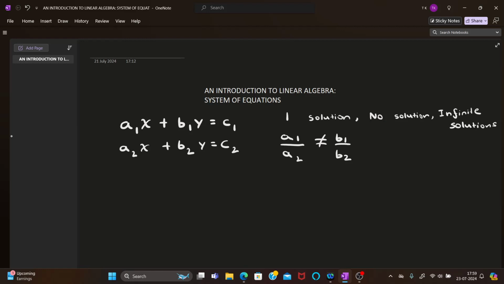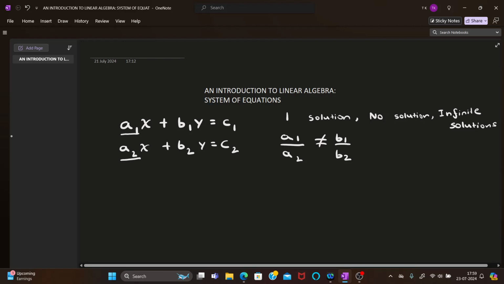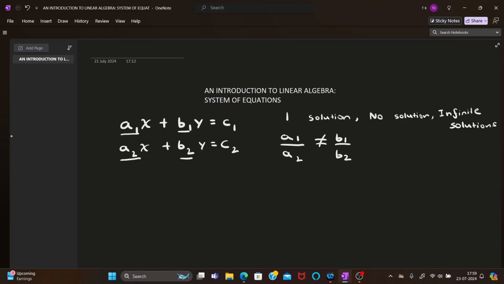So if a1, which is this right here, over a2 is not equal to b1 over b2, then we know that this system of equations has only one solution, which means that it has only one possible pair of x and y values. So one x value and one y value, which satisfies this system.